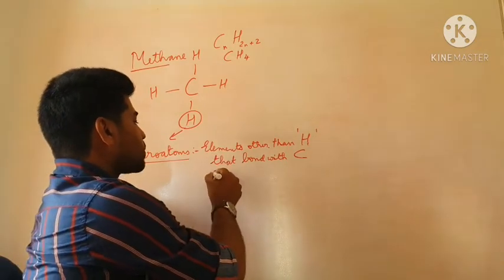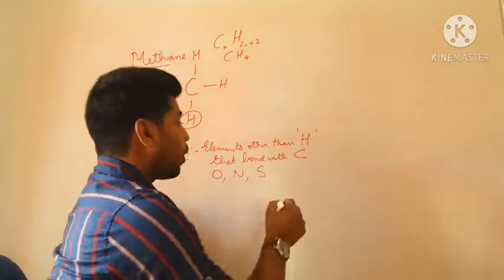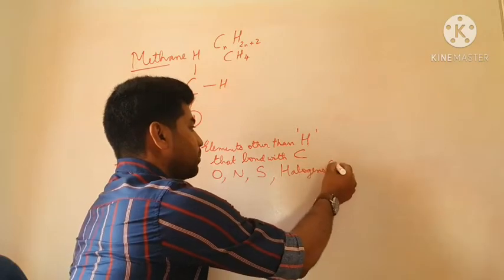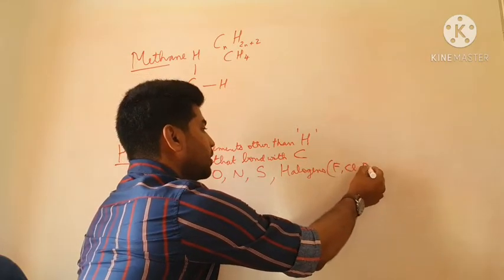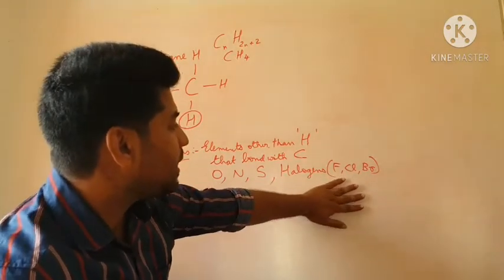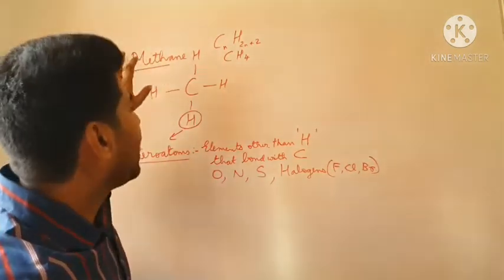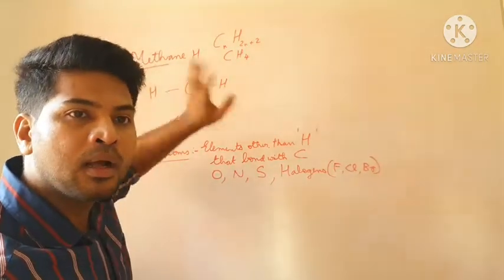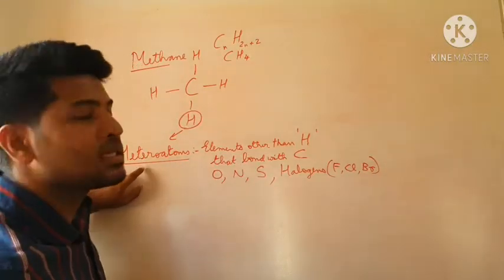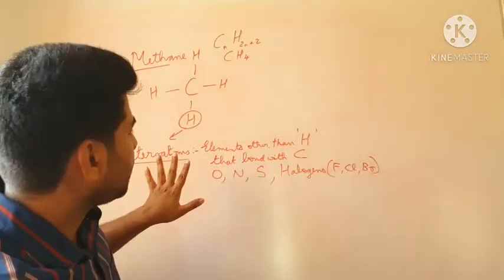So these atoms could be oxygen, nitrogen, sulfur or any of the halogens, for example fluorine, chlorine, bromine, etc. When these elements are present in a carbon chain along with hydrogen, these are called heteroatoms. Hetero means different. So these are different from hydrogen.